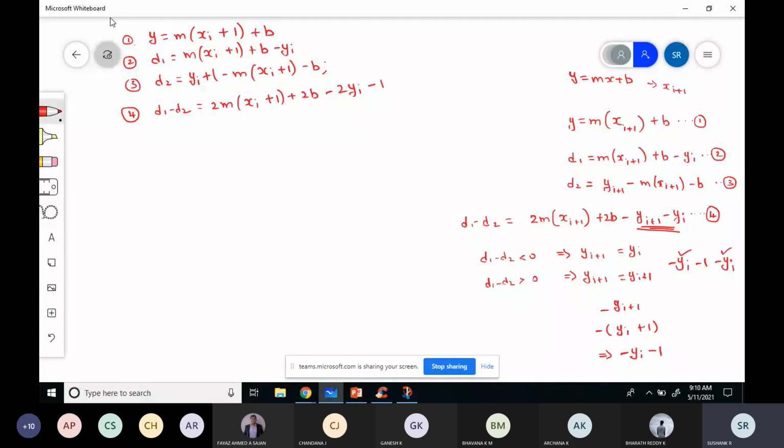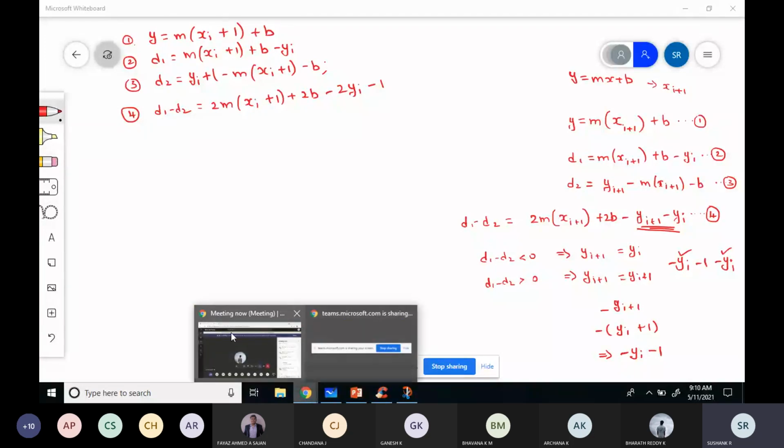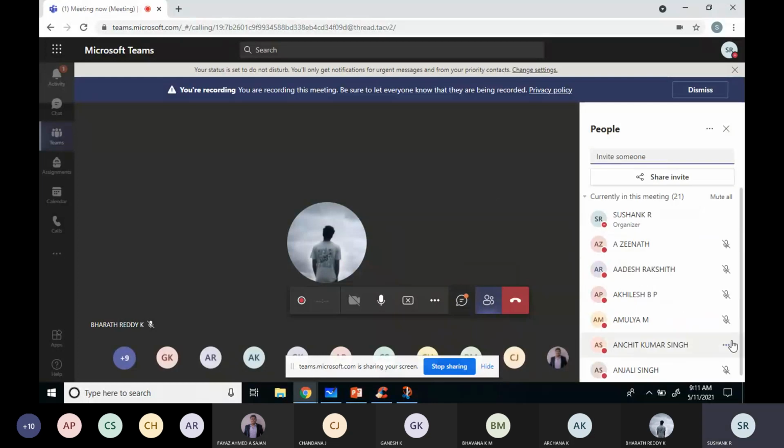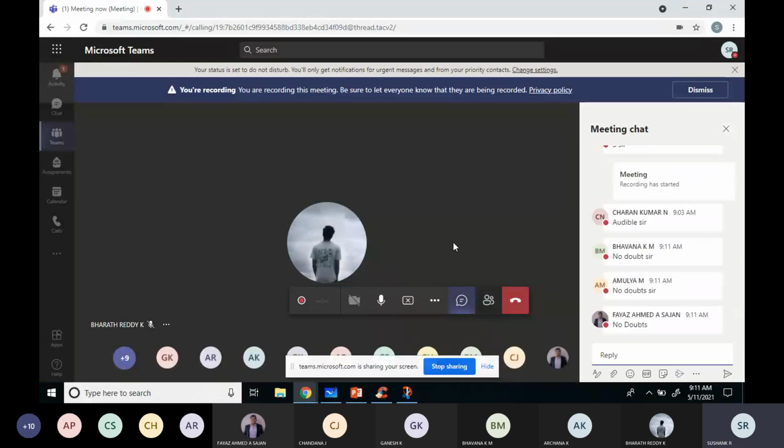What I did is, to the equations which I gathered yesterday, I'm just replacing x of i plus 1 with xi plus 1 and y of i plus 1 with yi plus 1. Any doubt? Zeenath, Adesh, Akhilesh, any doubt so far? Okay.